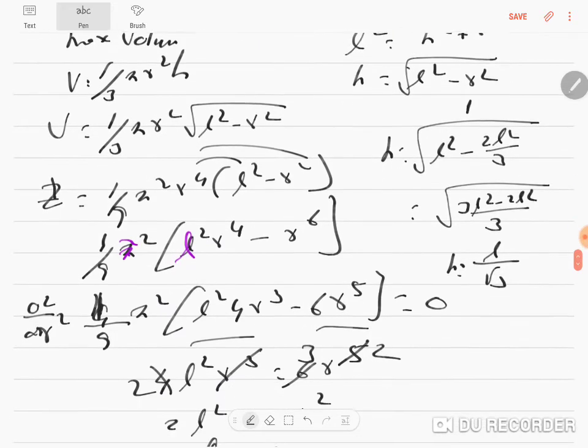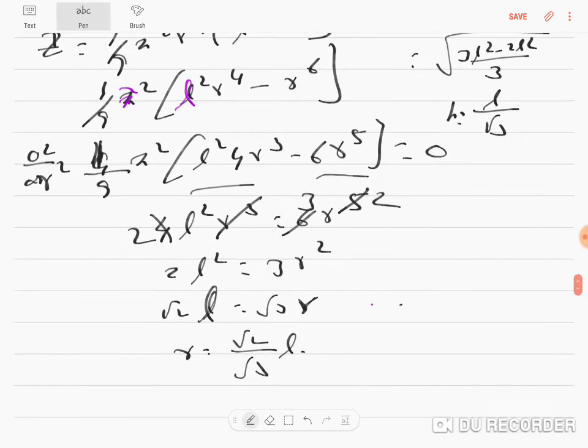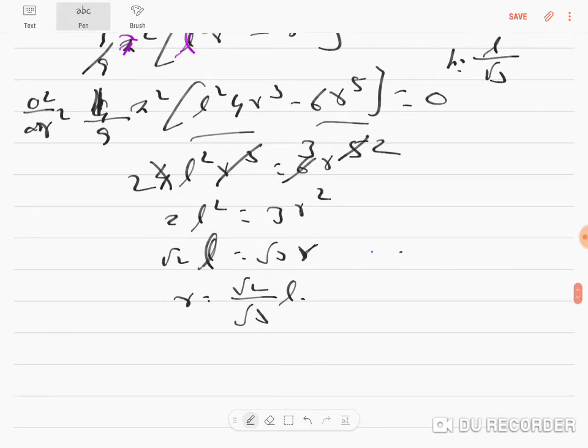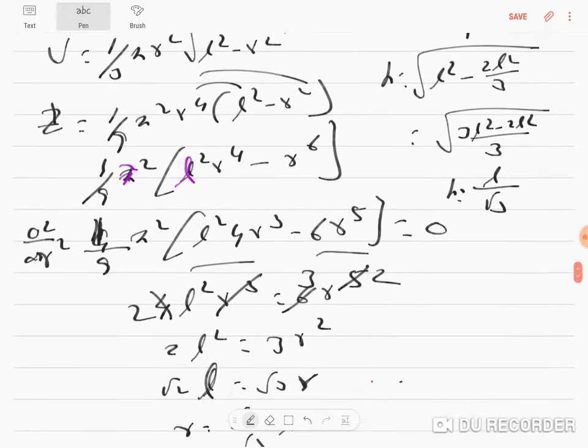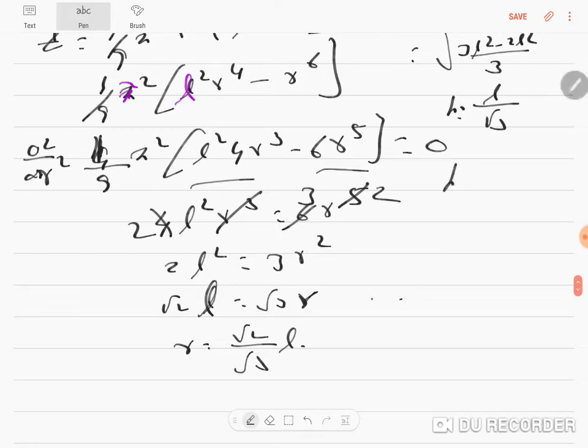So I would prefer to write everything in terms of r. h, can you write it in terms of r? Yes. So h is equal to root 3, instead of L you can write root 3 r by root 2 into root 3, because this root 3 is already existing. I am substituting the value of L from this, root 3 r by root 2. So root 3 gets cancelled, h is equal to r by root 2.